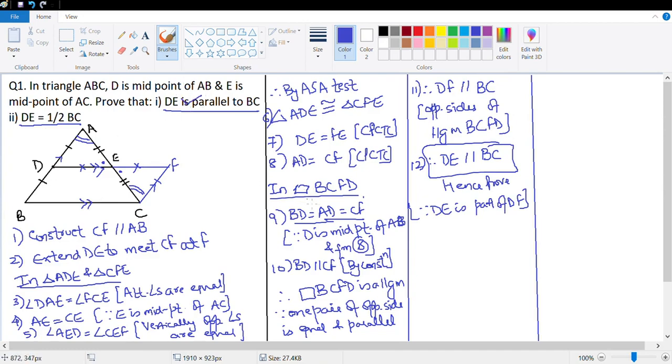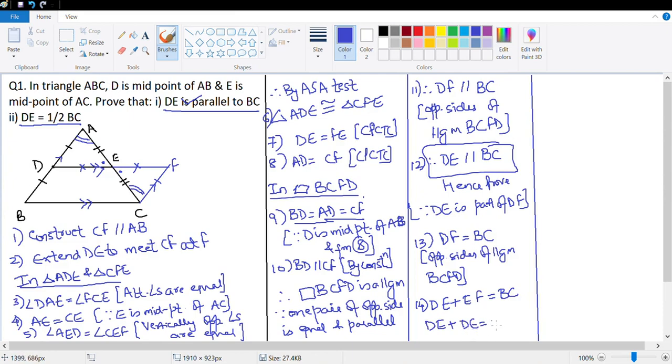Let's look at DE is equal to half BC. So let's look at number 13, which is DF is equal to BC. Why? Opposite sides of parallelogram BCFD. So opposite sides are equal in a parallelogram. Therefore, DF and BC are equal. So how much? What is the value? How can I break up DF? I can write DF as DE plus EF is equal to BC, which I can write as DE plus DE is equal to BC.